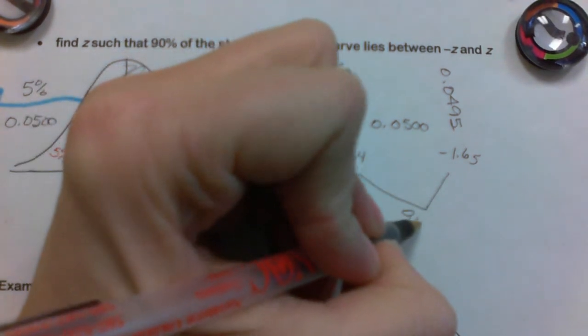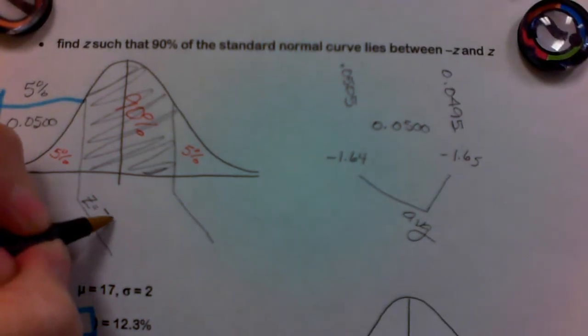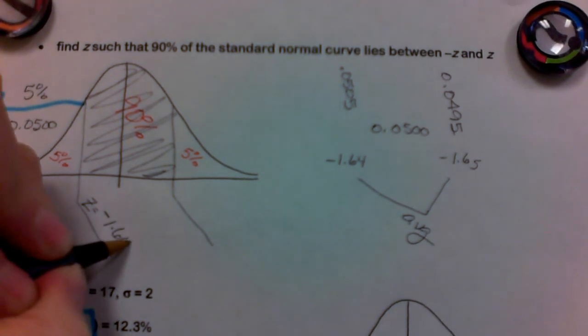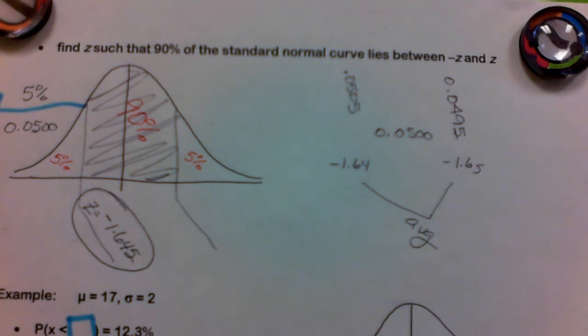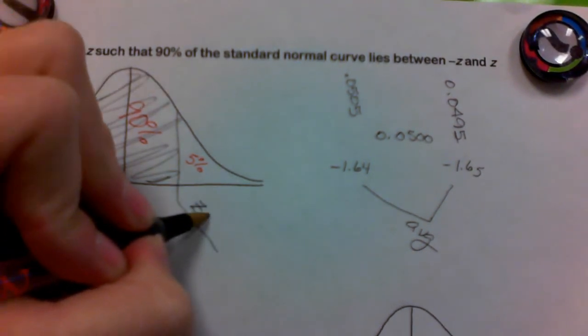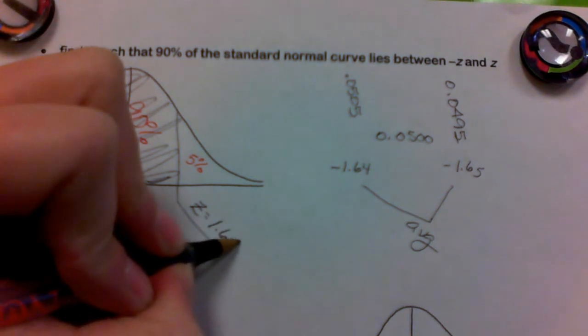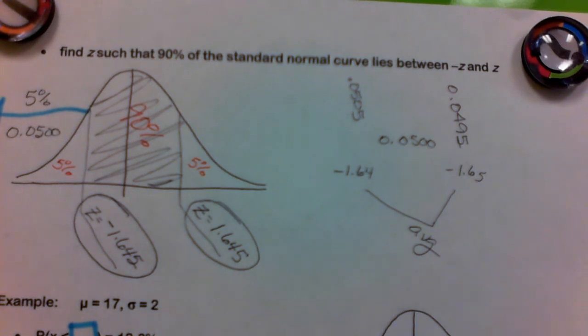And we're going to average these two, which means add them up and divide by 2, which will give you negative 1.645. So there's the z value. Well, once I've calculated this one, I know this one is its opposite. So this is positive 1.645. And that's how you find it when it falls in between.